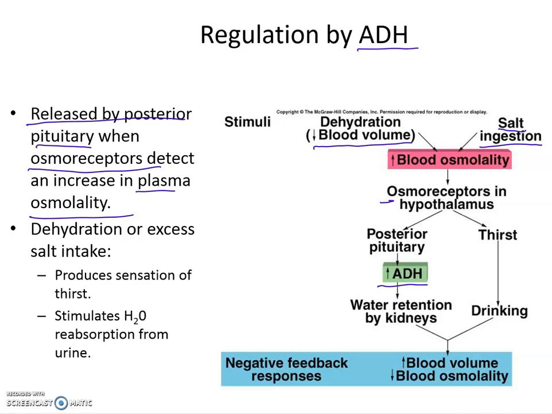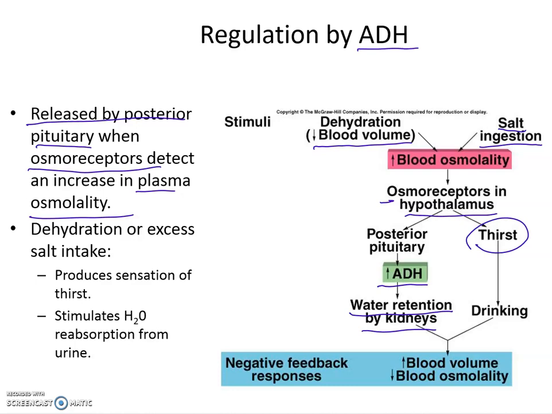The blood osmolarity is too high, and so we need ADH, which acts directly on the kidneys and causes the kidneys to retain water. So we're reabsorbing water. Every drop that comes by, there are water channels being inserted under the direction of the antidiuretic hormone, and we are reabsorbing every drop of water that comes by. On the other hand, your hypothalamus will also give you a feeling of being very thirsty.